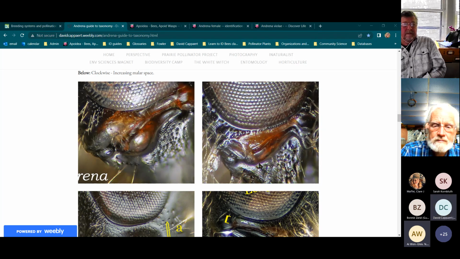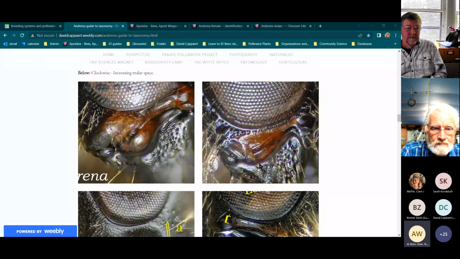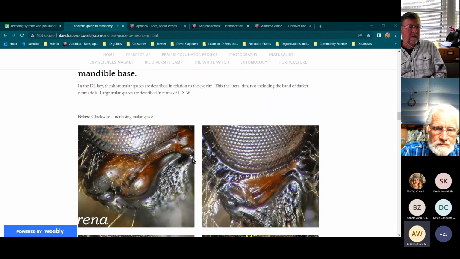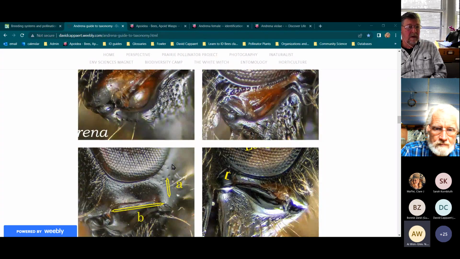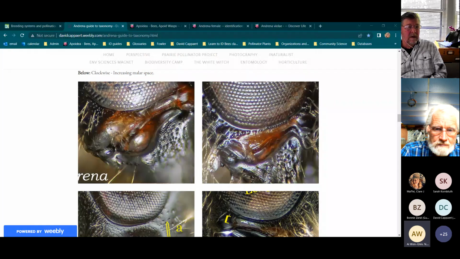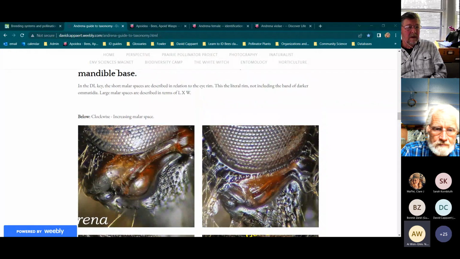Because there's that line above the image that says clockwise increasing malar space, which means this one probably has the shortest malar space. And they just always confuse me, because would that light orange area be considered a malar space, or is the reddish orange below that not part of the malar space? Is that correct?